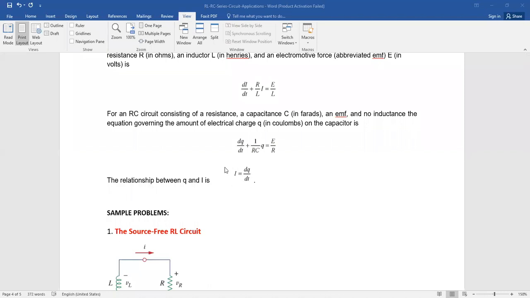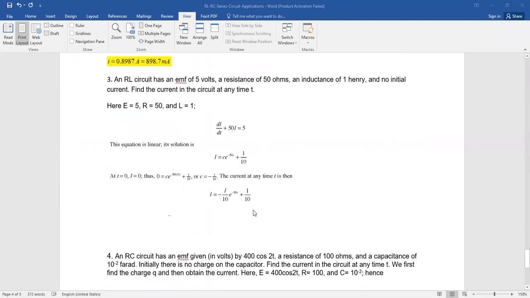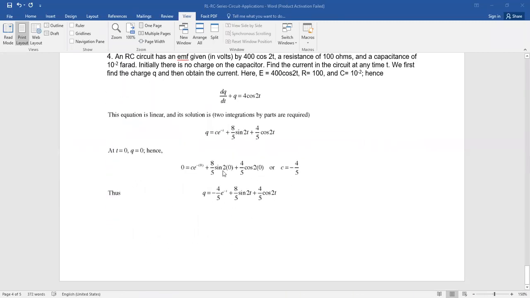In order for you to find the current, what will you do? Because what you have here is Q. How will you find the current? Current is equal to dq dt.